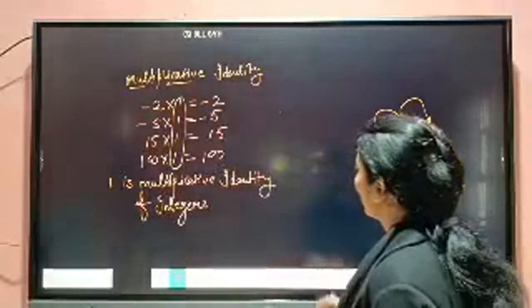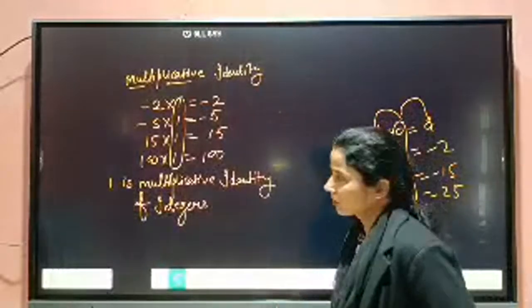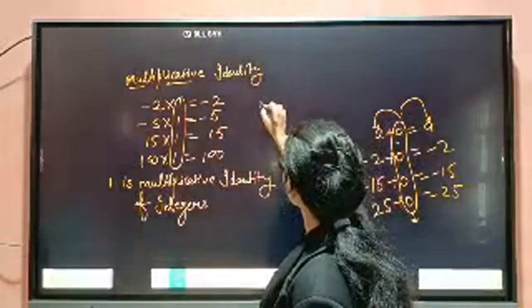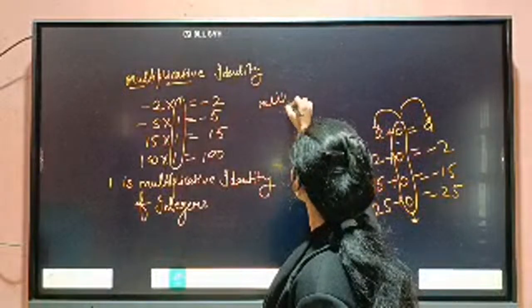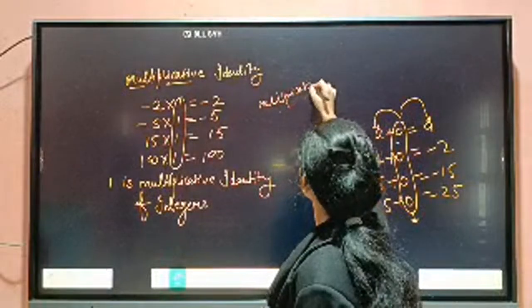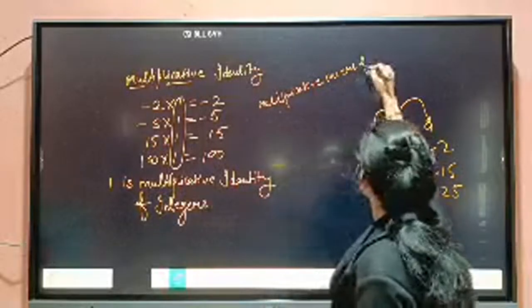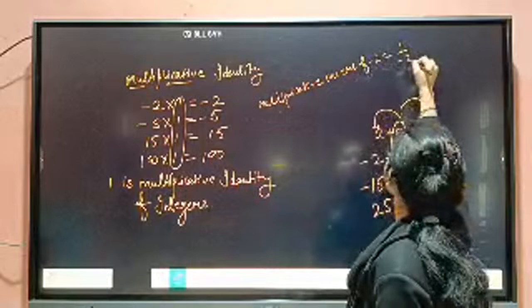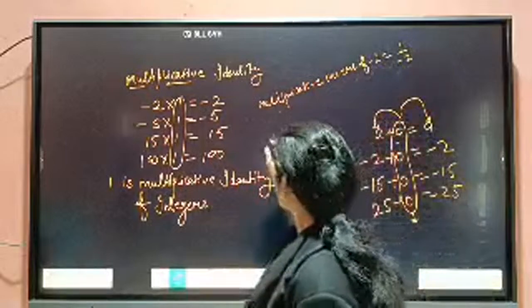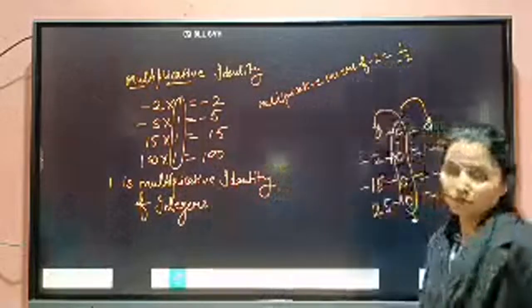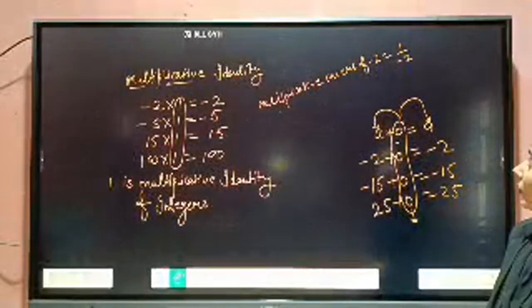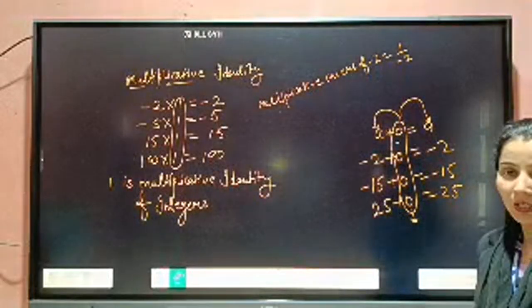Now, what is the multiplicative inverse? Suppose for minus 2, the multiplicative inverse will be 1 upon minus 2. If we are multiplying, we have to take the reciprocal. The multiplicative inverse of minus 2 is 1 upon minus 2.